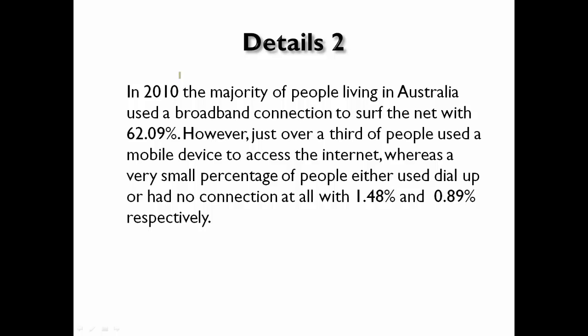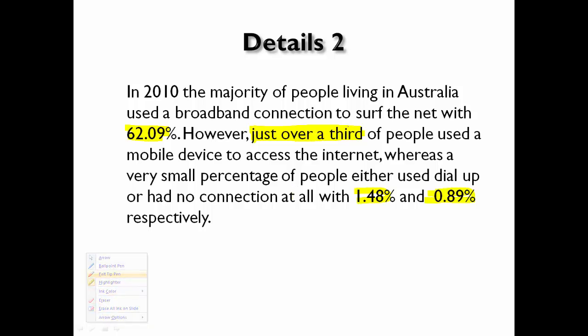Now this is an example of when you should really include all the data, because there are only 4 pieces of data: 62.9%, just over a third, 1.48% and 0.89%. There are only 4 pieces of data, so it's no problem to include all of them. Because if you didn't include all of them, you wouldn't talk about all of the different categories.